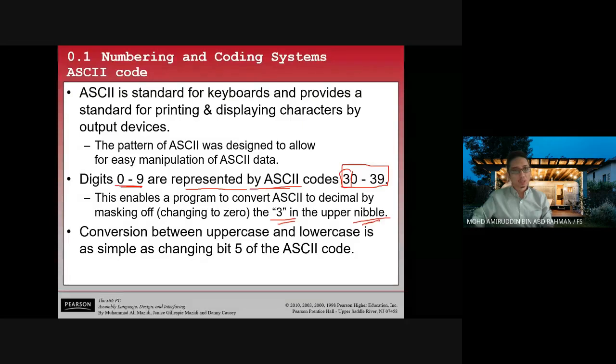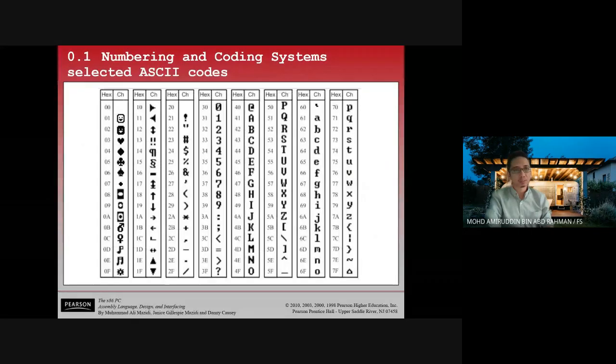This is what is meant by converting ASCII to decimal by masking off, changing the 3 in its upper nibble to 0. The conversion between uppercase and lowercase is as simple as changing bit 5 of the ASCII code.